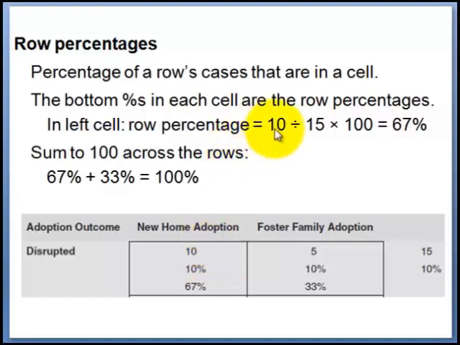So we take 10 and divide by the row margin total. 10 divided by 15, multiply times 100. 67% of cases in this row are in the new home cell. That's the computation, and eyeball the percentage. In other words, look at the bottom percents. See that these bottom percents are summing to 100 across the row, then that tells you that these are row percentages.